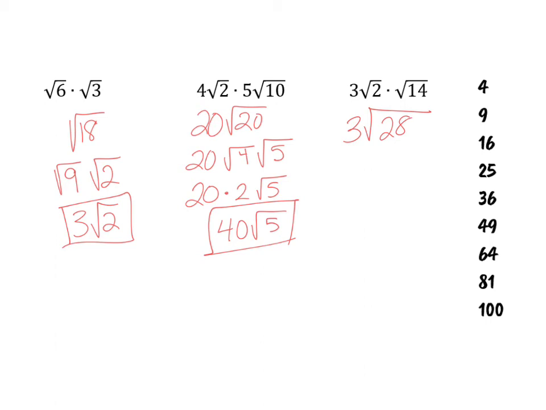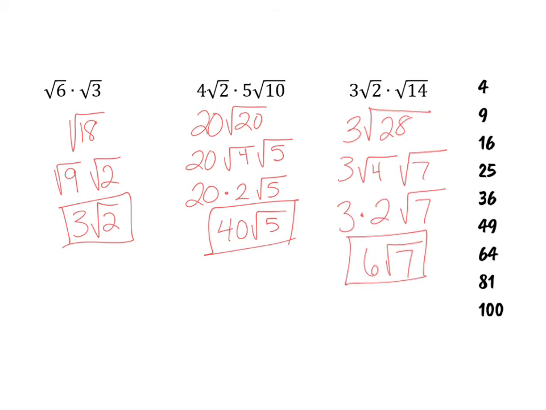And then I look to reduce that square root of 28. What's the perfect square that goes into 28? Should be 4 and 7. Then you pull out the perfect square part because it comes out nice. Leave the radical part in there. Final answer should have been 6 root 7.